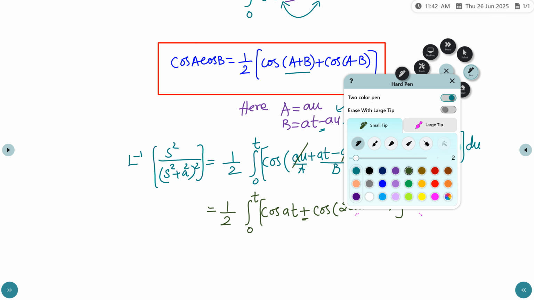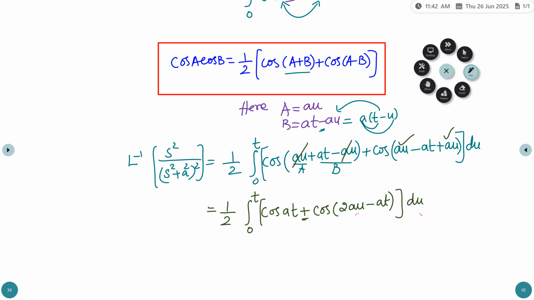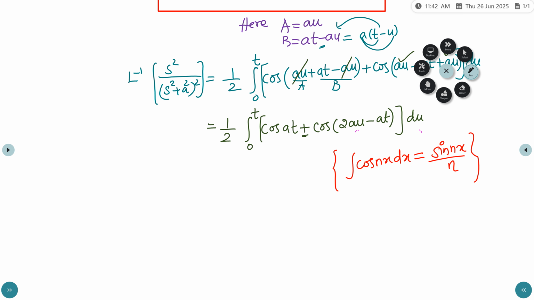The cos integration formula: the integral of cos nx dx is equal to sin nx divided by n. With the help of this formula, integrate the given function.